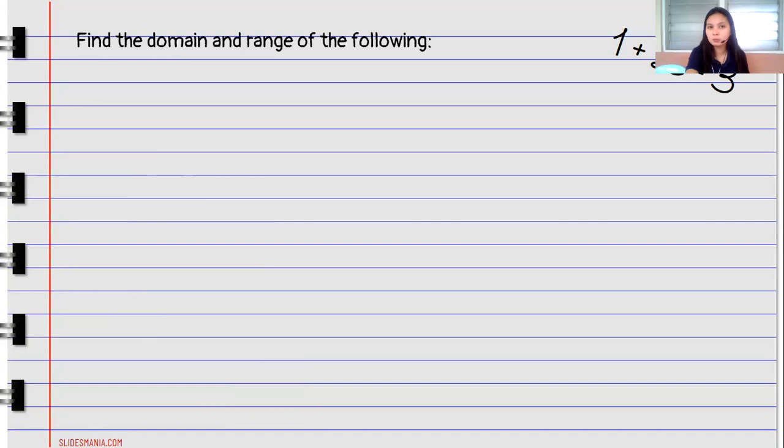Okay, so last example in finding the domain and range. We have here f of x is equals to 1 over 3x minus 2. Sige nga po, try to solve for its domain. Kahit interval notation or set-builder notation, it's up to you po. Ano kaya yung ating magiging domain for this one po?